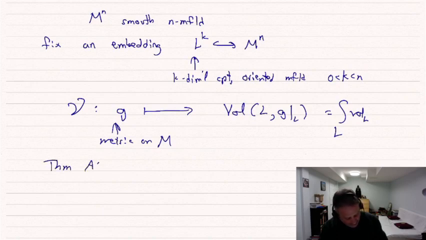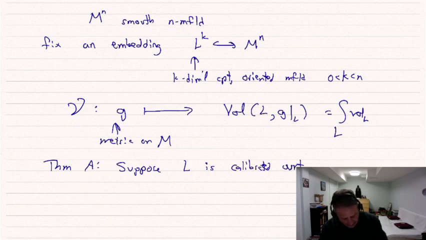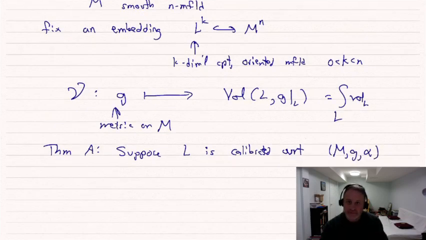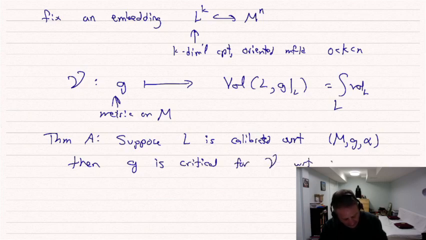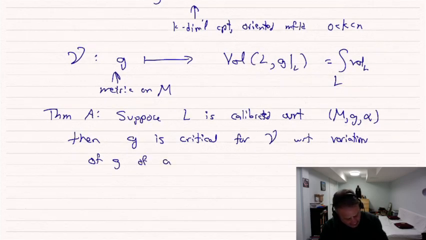Theorem A: suppose L is calibrated with respect to some calibration form upstairs, then g is critical for this functional V with respect to variations of a particular special class of g.